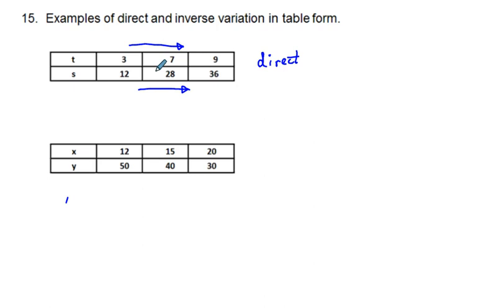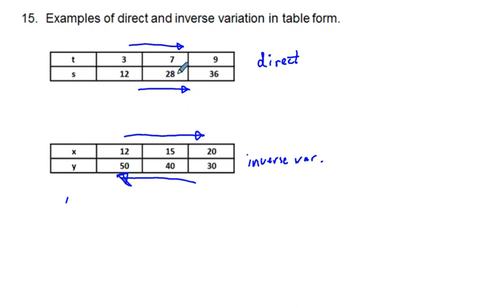And you can find out what that is. There's like a slope. In this one here, on the bottom, you're going up as y is going down. This is an example of inverse variation. And you can find what the constants of variation are.